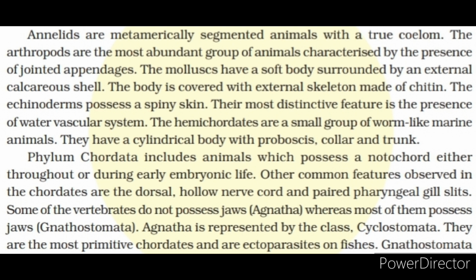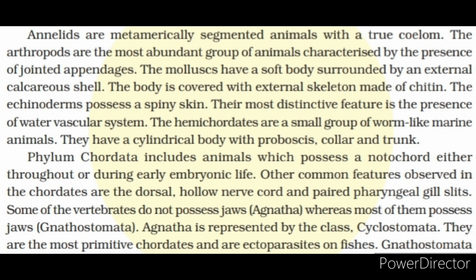Their most distinctive feature is the presence of water vascular system. The hemichordates are a small group of worm-like marine animals. They have a cylindrical body with proboscis, collar and trunk. Phylum Chordata includes animals which possess a notochord either throughout or during early embryonic life.